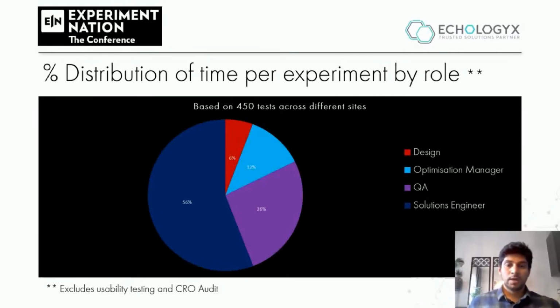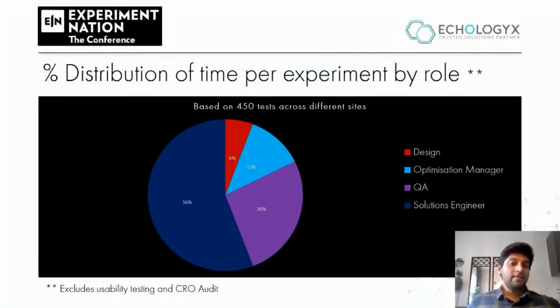That's to actually do the test plan, test briefing, doing the ideas, and also doing the result analysis, because of course you need to understand the result. And then QA is spending around 26% of the time. This is for each individual test on average. And then solutions engineers or developers spend 56% of the overall time per test on average.